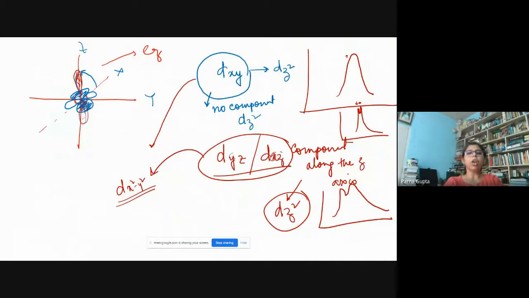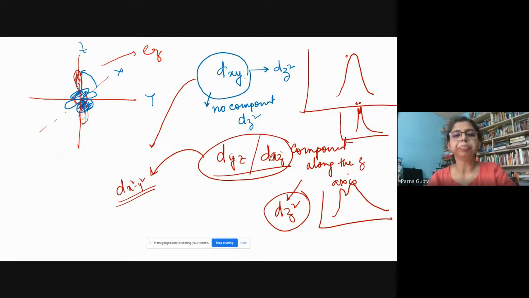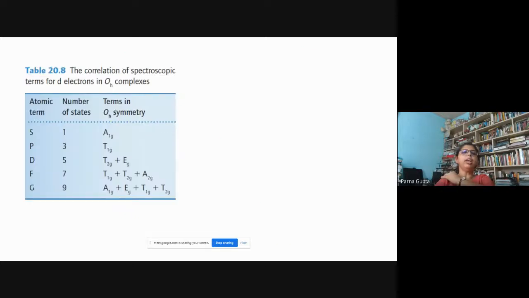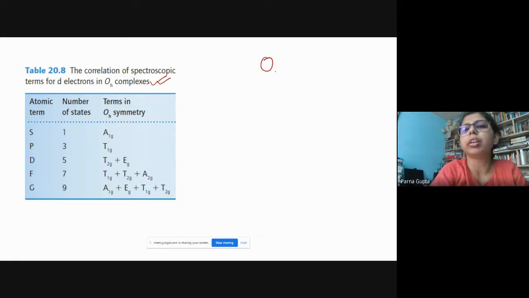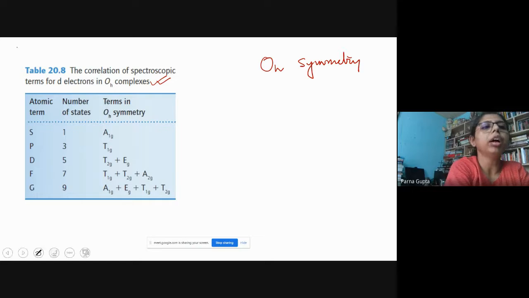So now we have taken the free ion and we have taken the inter-electronic repulsion in this free ion. Next, what will we do? We are introducing the ligand, so you have the octahedral geometry, octahedral symmetry. So we have covered the free ion.